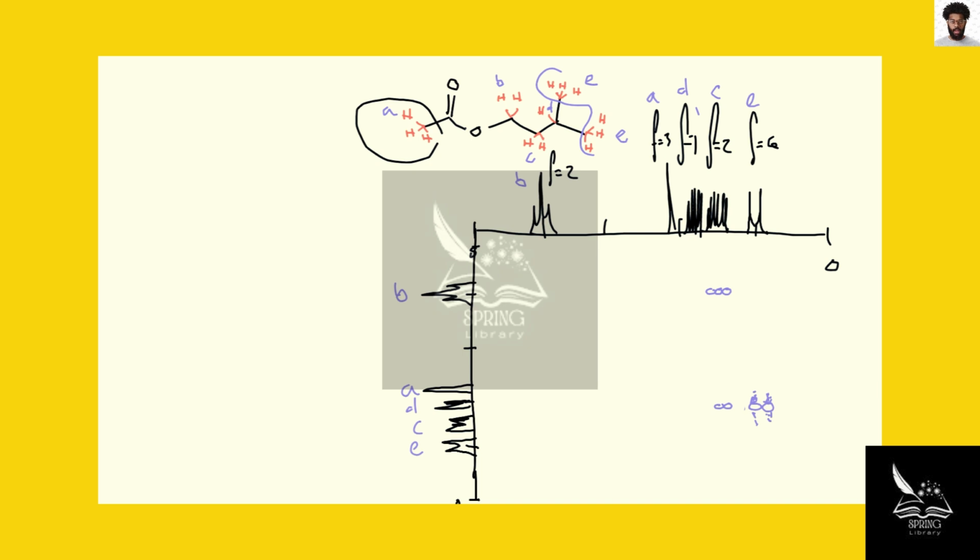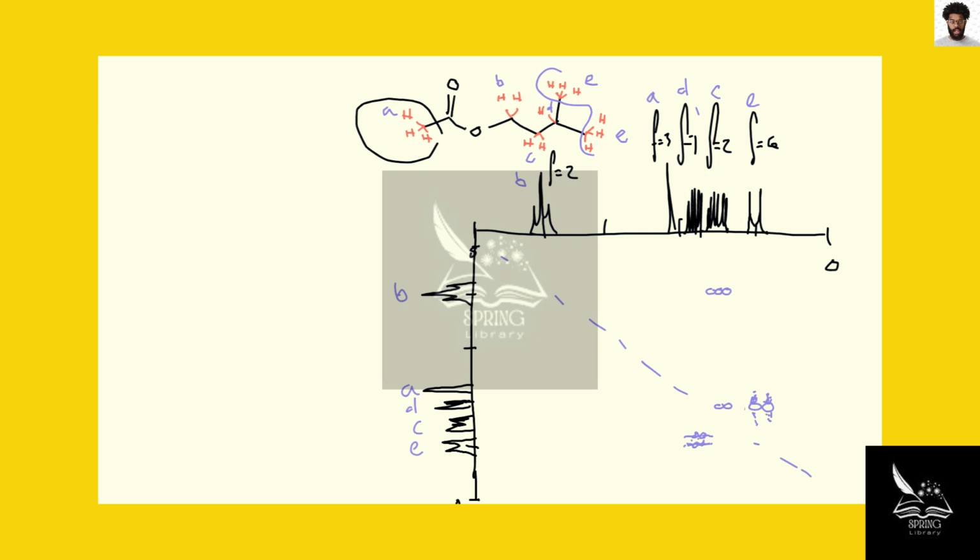D's talking to E and C. E is splitting D into a septuplet, but it split E into a doublet. So it should be basically the same thing, but we're going to get a perfect reflection across this line. And then D is also talking to C.